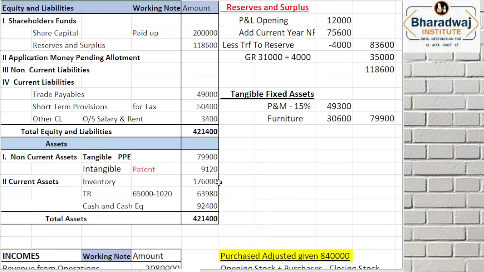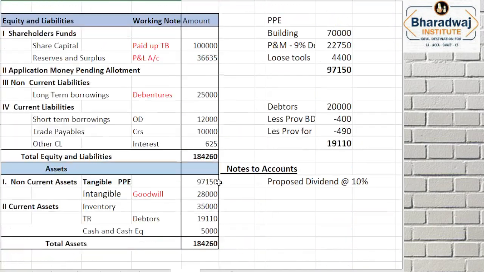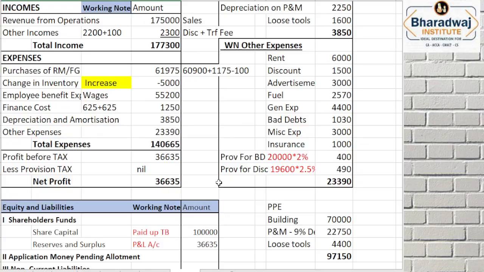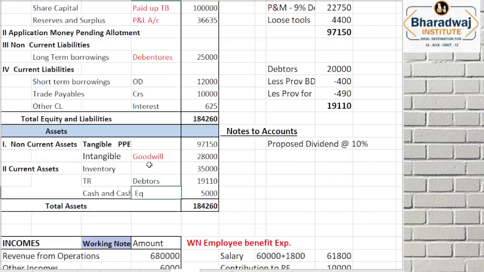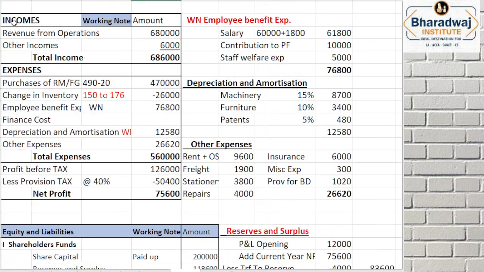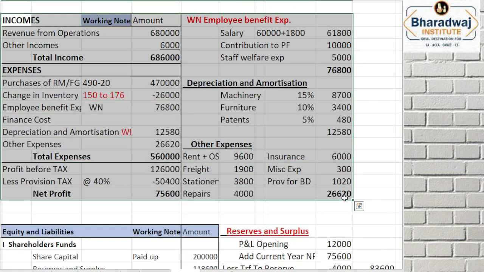Same answer now. That is what we have done earlier. Same question, the December 2024 one. Same answer. 75,600 will come. Don't try this, you can look at it directly, no problem.